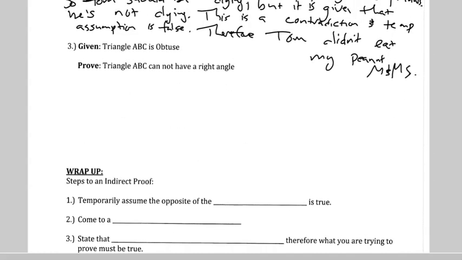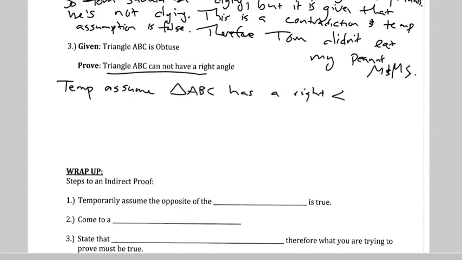Okay, triangle ABC is obtuse. Try to prove that triangle ABC cannot have a right angle. All right, so what's my temporary assumption? What's the opposite of what we're trying to prove? Temporarily assume triangle ABC has a right angle.